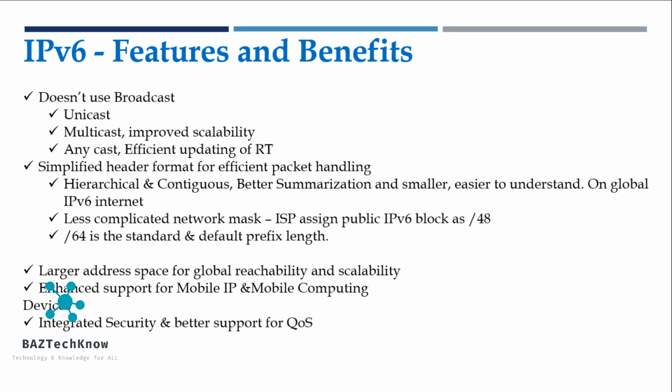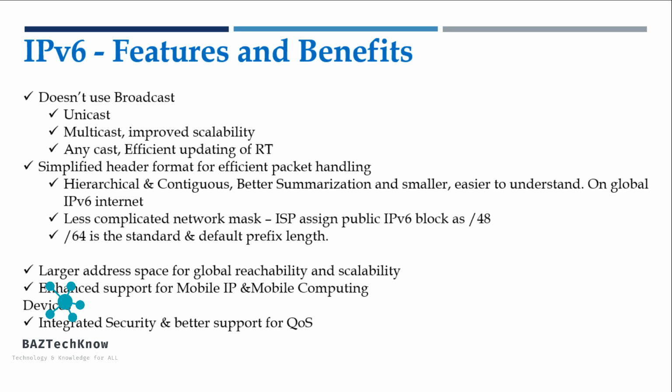Some good advantages or features of IPv6 are a simpler architecture and simpler packets. If you have seen a packet of IPv4, there are multiple fields. Every field is doing a different job. But in IPv6, it's much simpler. We will look at the benefits of this. The main benefit of a simpler architecture is less time to process by the router.